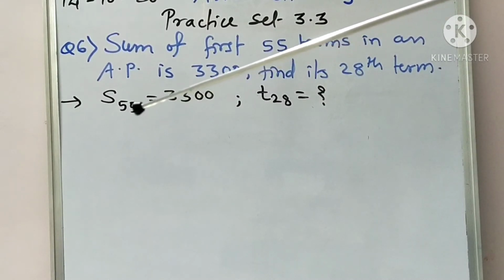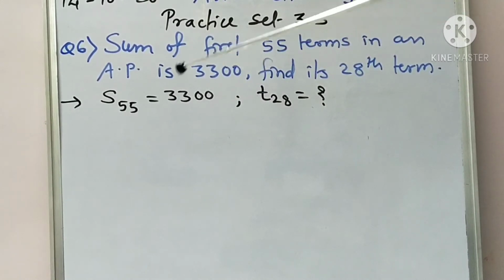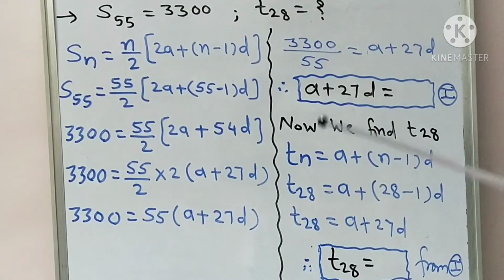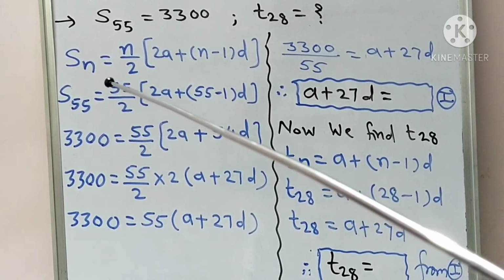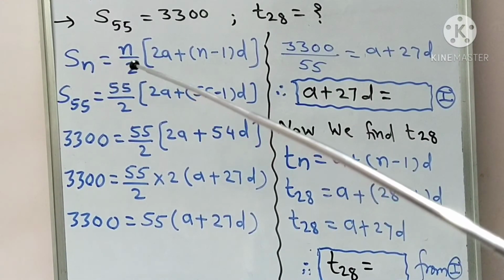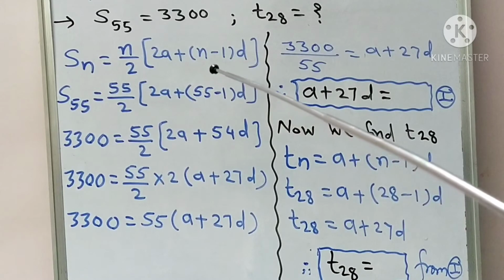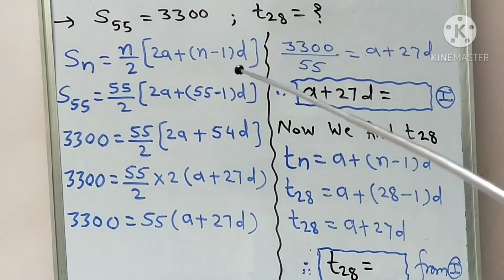We are given the value of S55. So here we start with the formula of Sn and simplify it, and we see what we get. Pay attention over here students. We start with the formula Sn equal to n upon 2, into 2a plus n minus 1 into d.